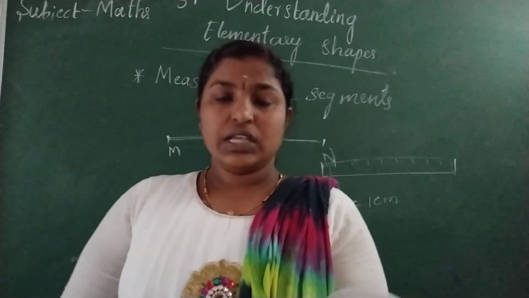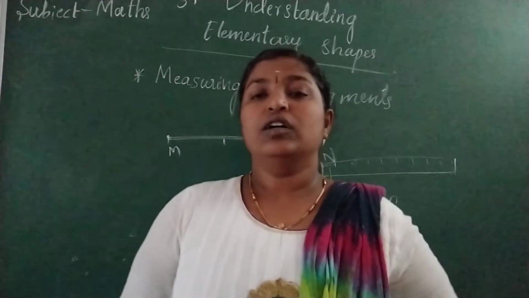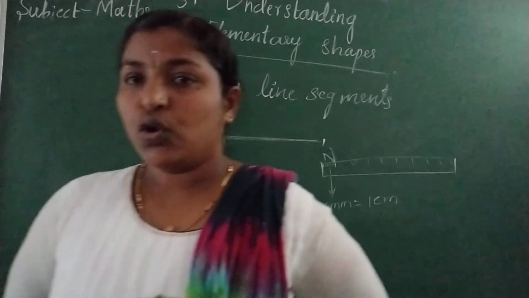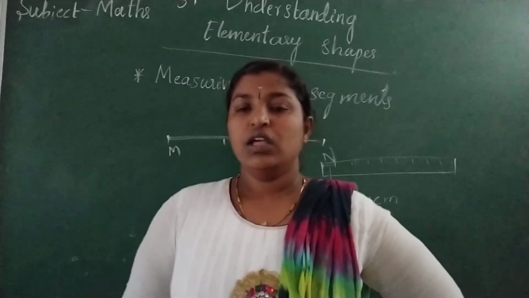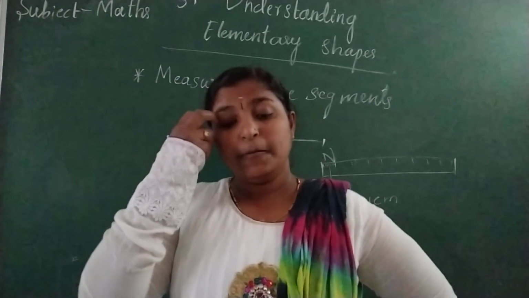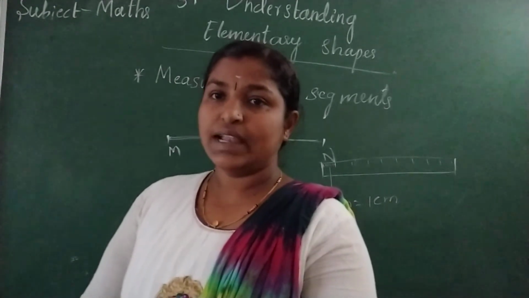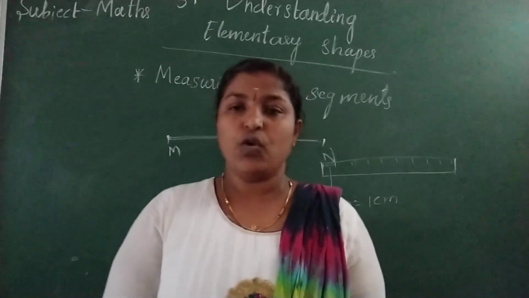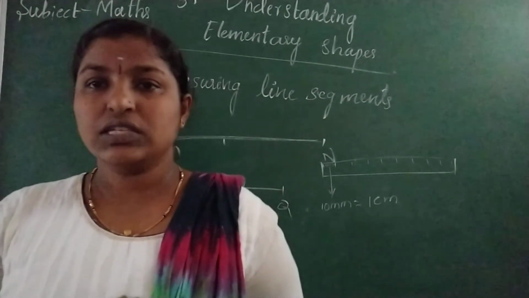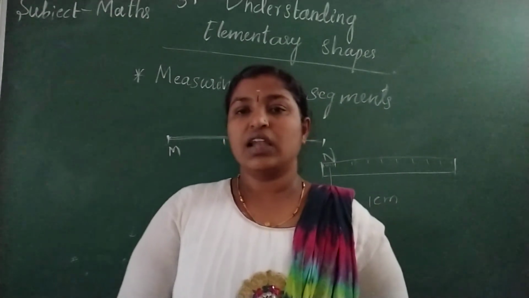So once again, keep it in your mind that the instruments of mathematics: the ruler is the basic one, then compasses, divider, then protractor, set squares. Set squares will not be used in this class. Set squares will come a little in higher classes.